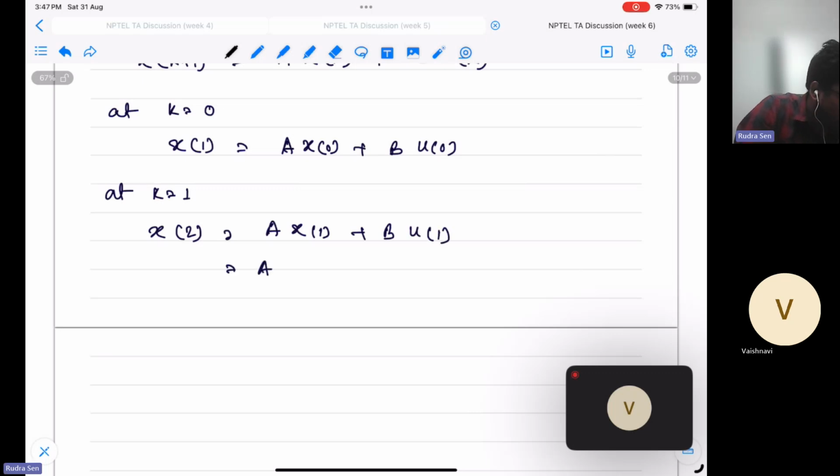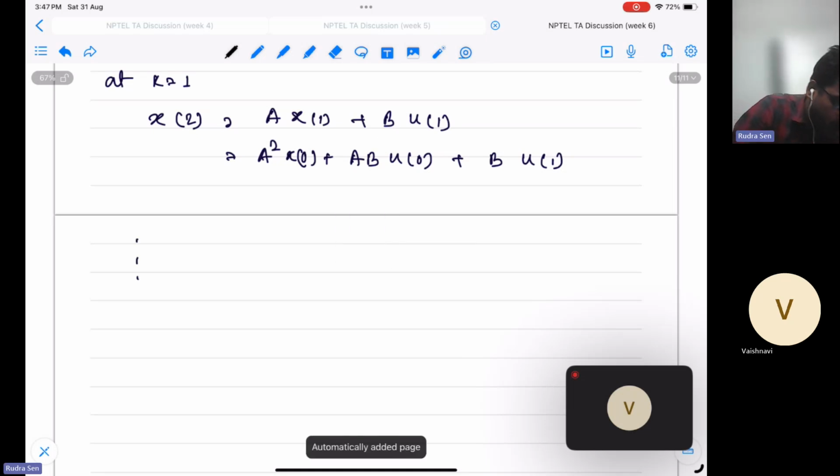So that means A squared, put the value of x1 over here. So what we get is A squared x0 plus AB u0 plus B u1.